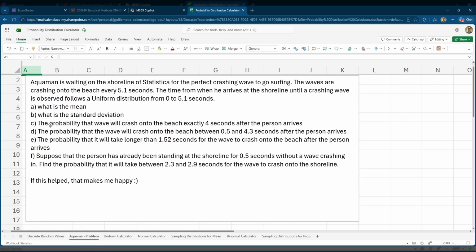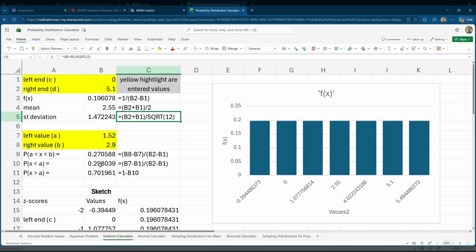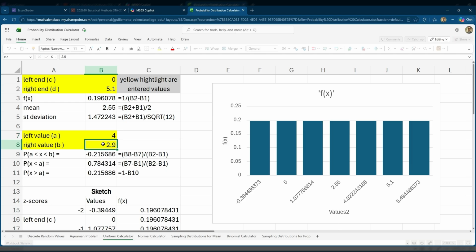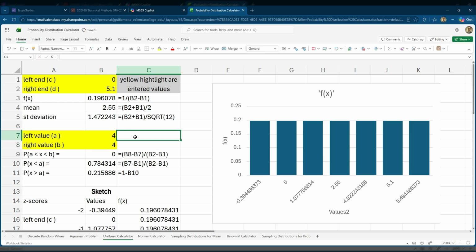Now, for our Archimedes problem, the probability that the wave will crash onto the beach exactly 4 seconds after the person arrives. Now here is where we're going to go ahead and put in the endpoint values for our uniform distribution. Now it only gives us one endpoint, right? So if I put in 4 and 4, okay, the probability of 4 is 0.